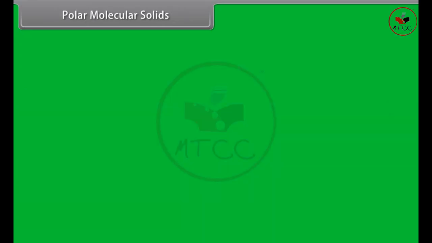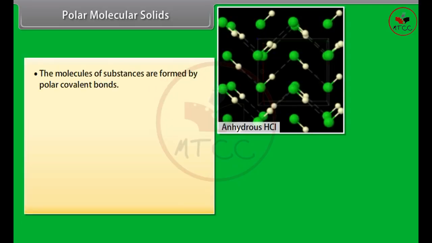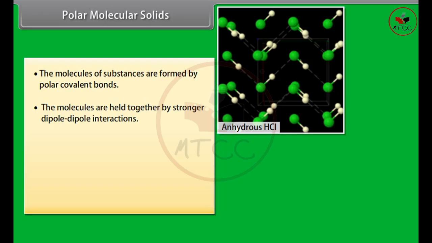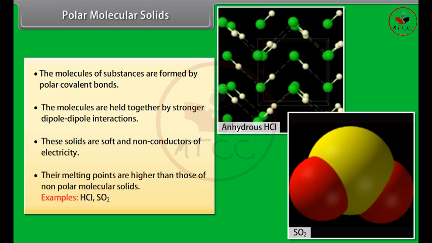Polar molecular solids. The molecules of these substances are formed by polar covalent bonds. The molecules are held together by stronger dipole-dipole interactions. These solids are soft and non-conductors of electricity. Their melting points are higher than those of nonpolar molecular solids.